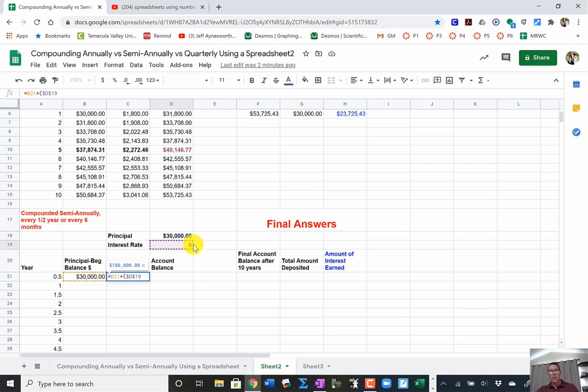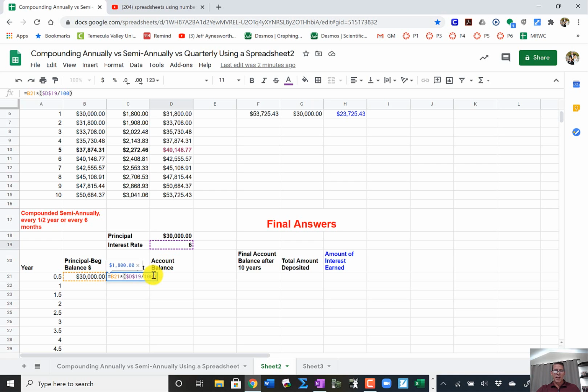And that's a number right now. We need to change the 6% to a decimal, so I need to divide that by 100. So I'm going to divide this by 100 and then close it off. So it's principal times rate times time. I got the principal in B21, the number to the left right here. I multiply it by the rate as a decimal, so I take 6, which is in cell D19, and divide it by 100.